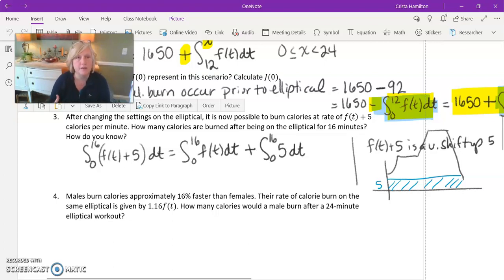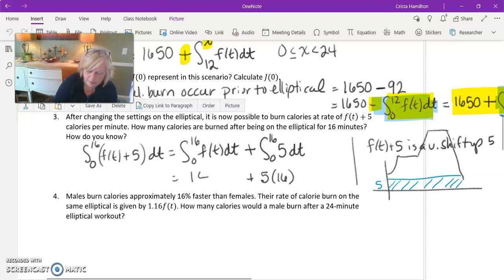Now, in terms of the area, what are we adding? We're adding a rectangle area, and the rectangle area is nothing more than the width times the height. So the height is 5 times the width, which is 16, is what we're adding in. Then we use what we already had for our 0 to 16 of f of t, which was 140 calories when we were looking at it earlier.